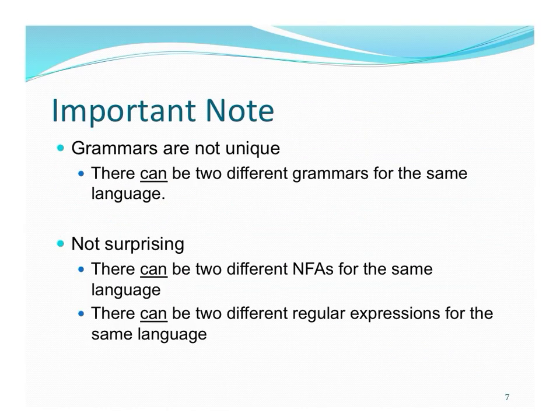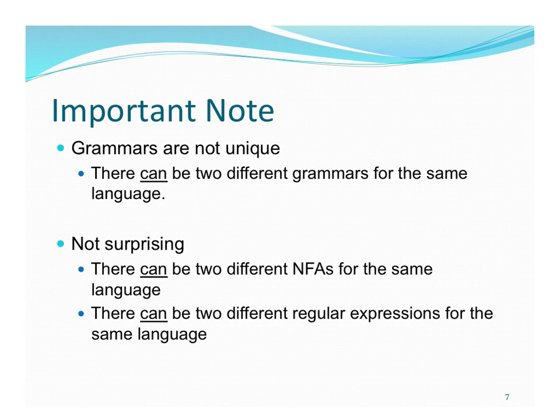Now, it is really important to note that grammars are not unique. You can have two different grammars for the same language. We've seen that before. And there can be two different regular grammars for the same language too. You shouldn't be surprised by this. While we said that there is one minimal state DFA, we know that there's a ton of DFAs that recognize the same language.